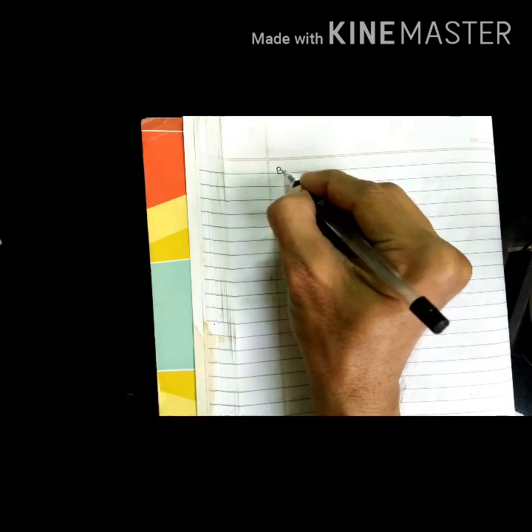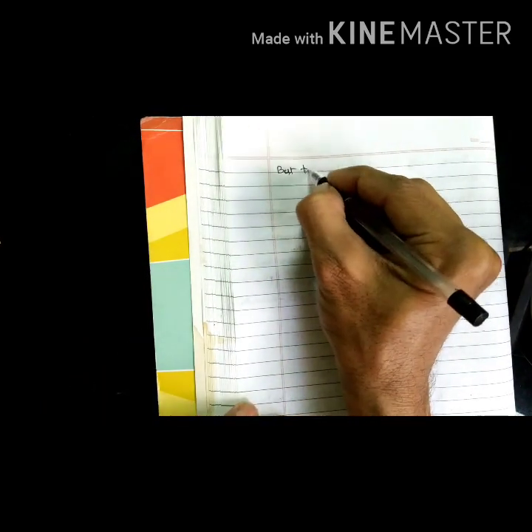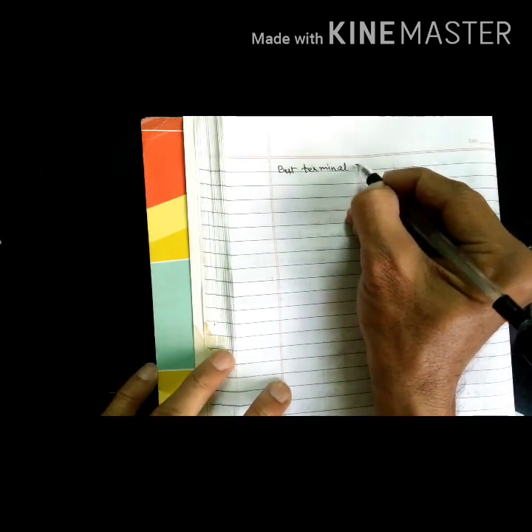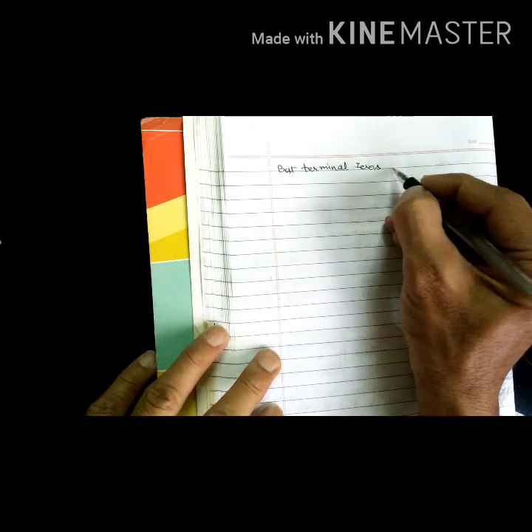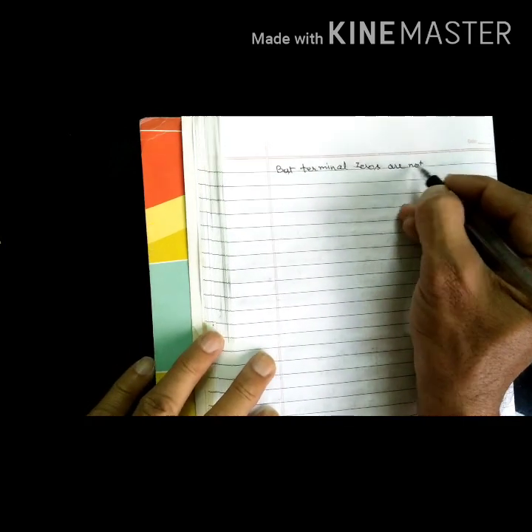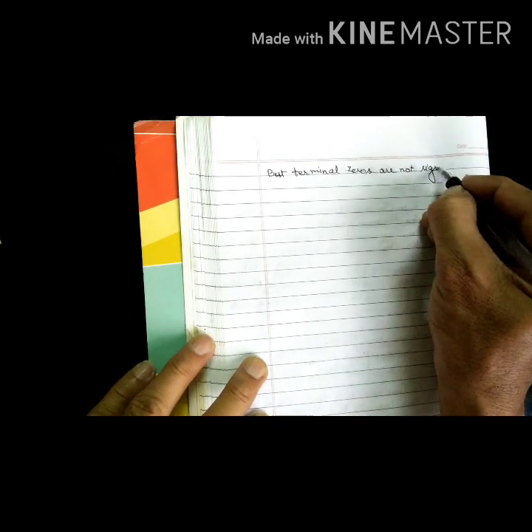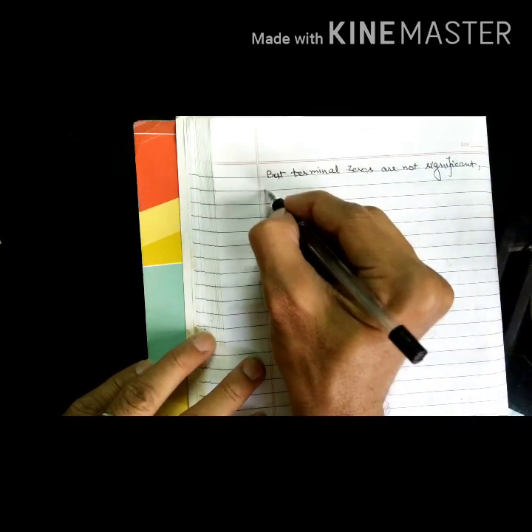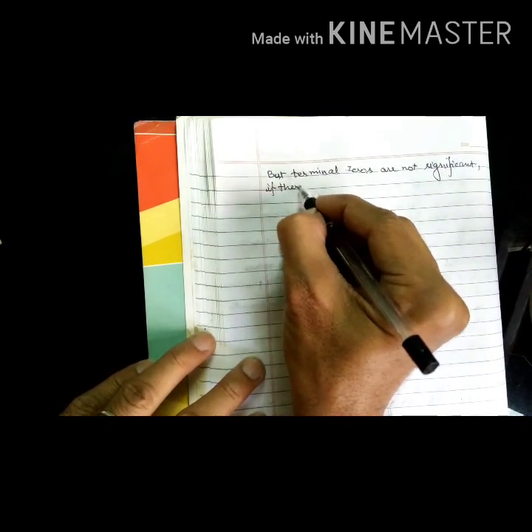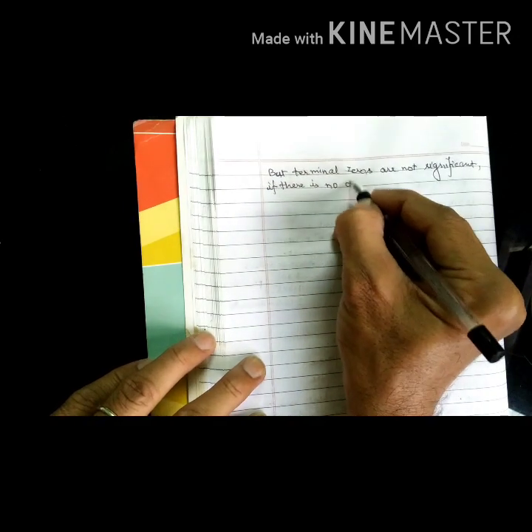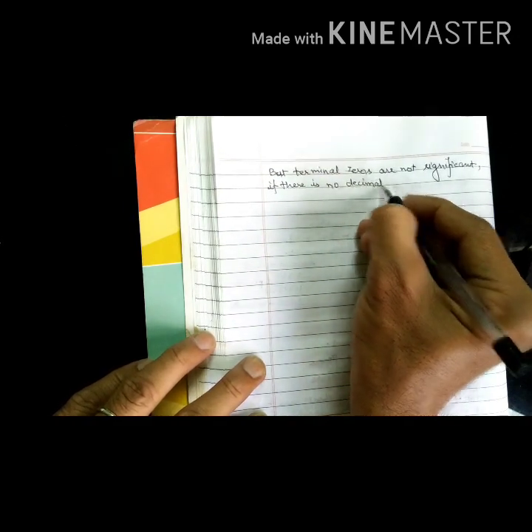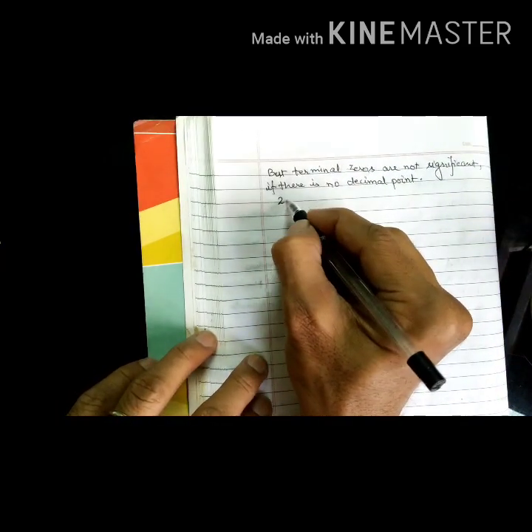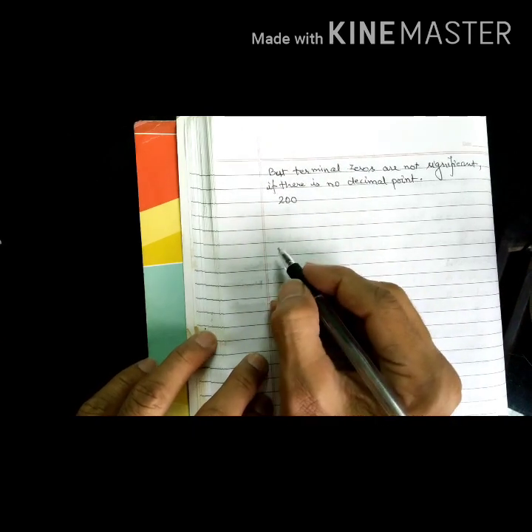But terminal zeros are not significant if there is no decimal point. Let's take an example. We can write 200.